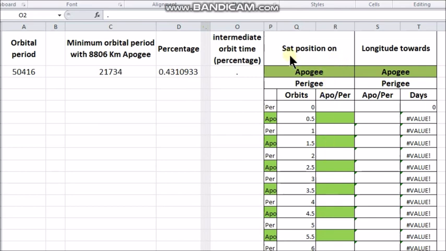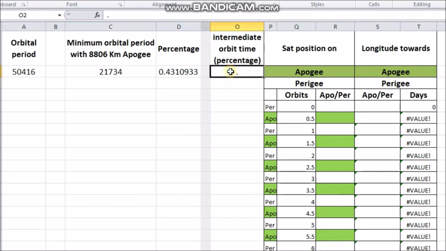And then I put a table here. This is the satellite position on apogee or perigee. And here the longitude that the Earth is facing, or the longitude of the station, is facing the apogee or the perigee of that intermediate orbit. So here I put the ratio.